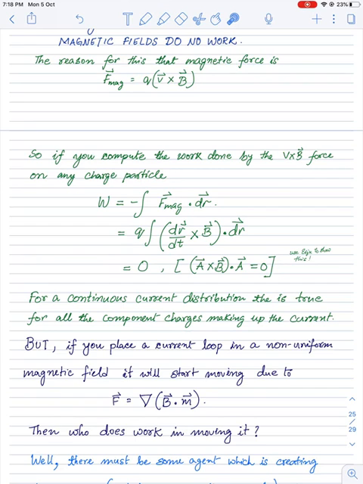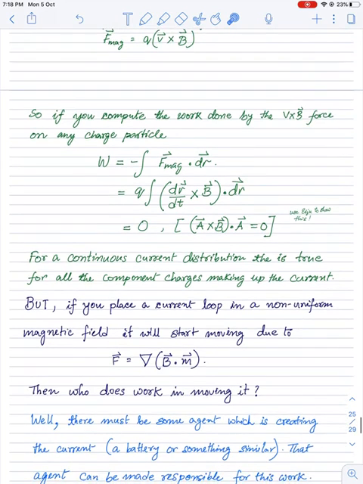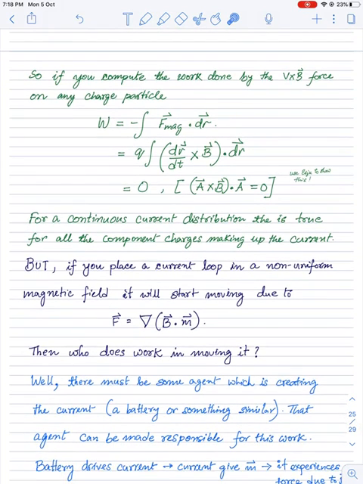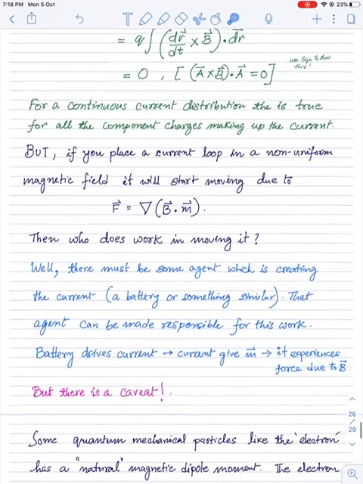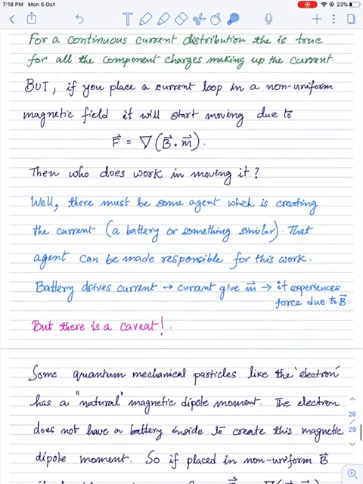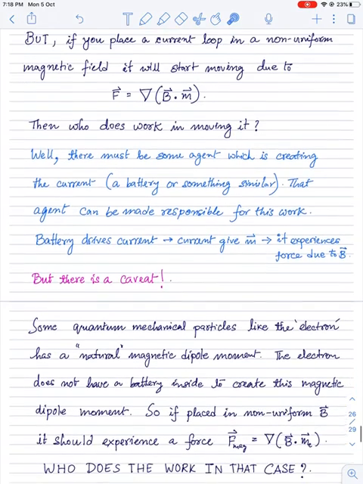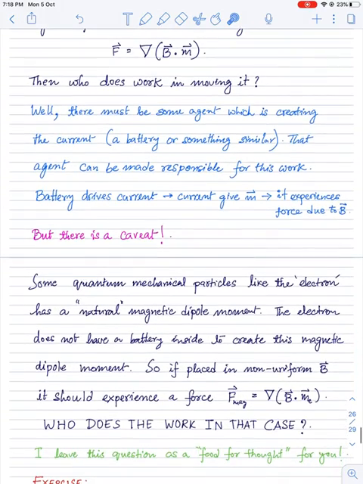So the magnetic field is not the one that is doing work on the system, it's the battery that is doing work. This is what anybody would tell you, and if you read Griffiths, this is what Griffiths is going to tell you.